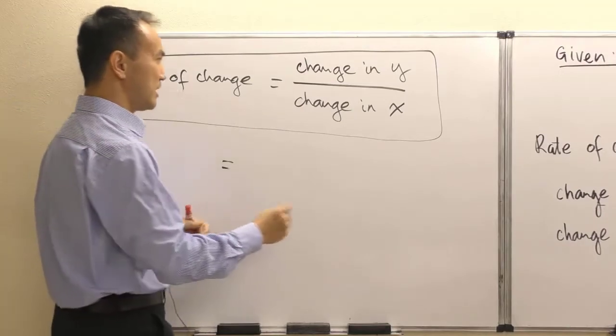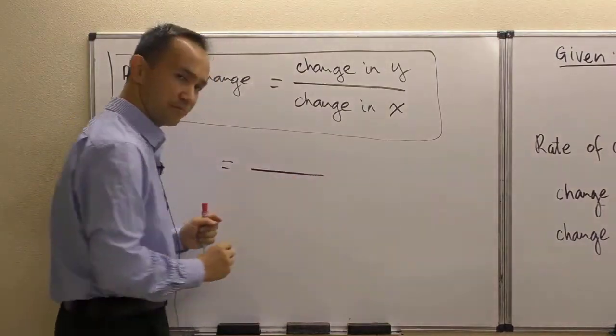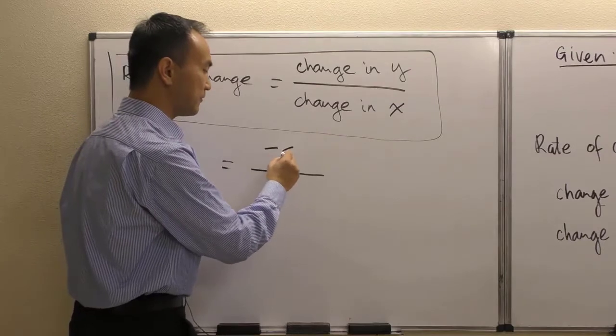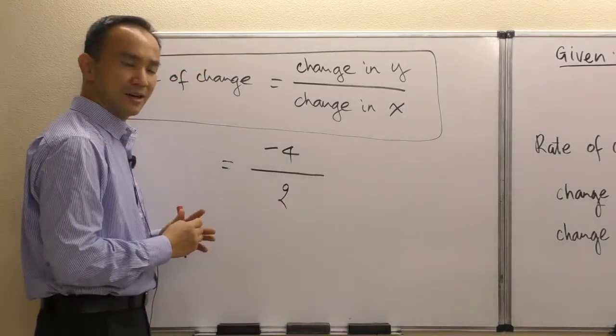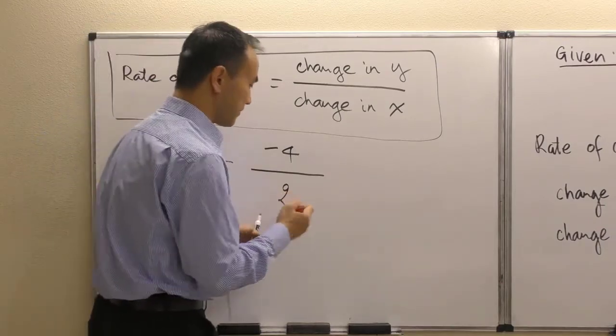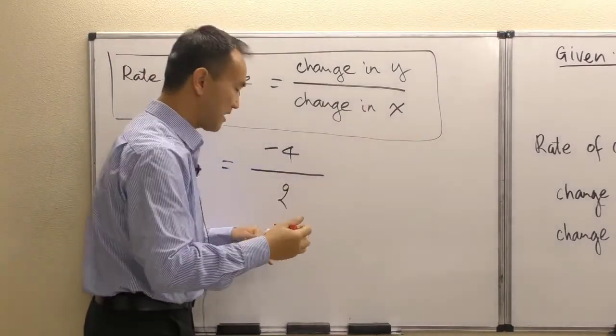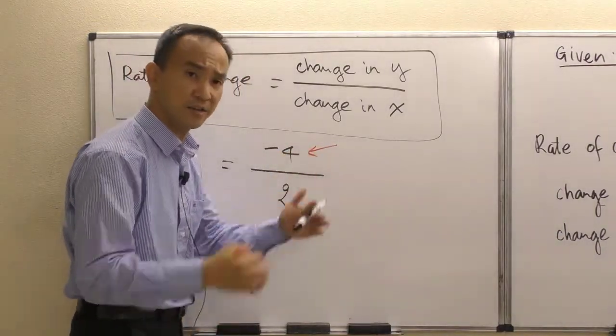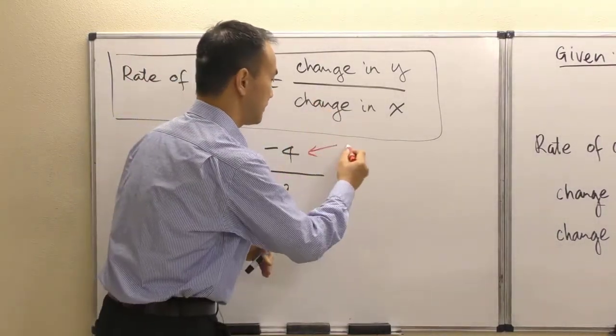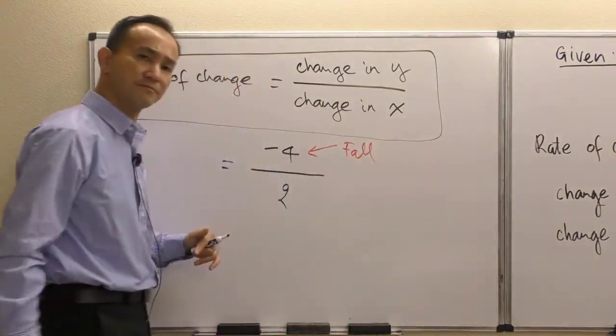Now change in y was negative 4. Change in x was 2. And ladies and gentlemen, unlike the earlier case that I have done, this time the change in y was not a rise, it fell. So here I call it a fall.